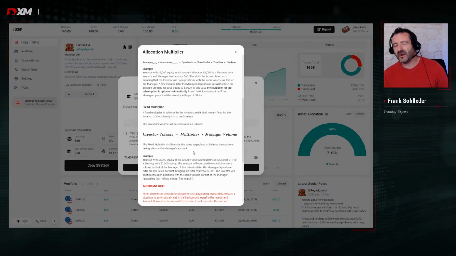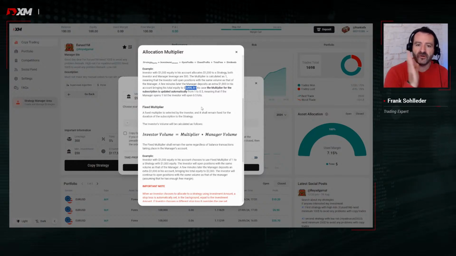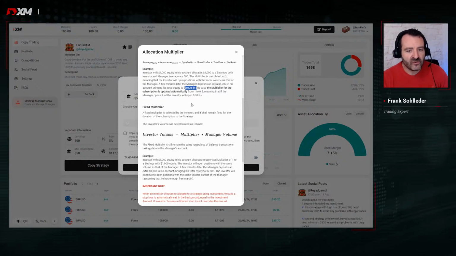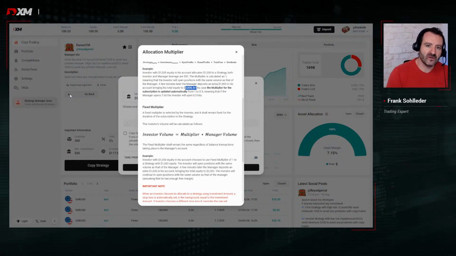Now the thing is, what happens if the trading strategy manager is increasing his amount? For example, he doubles it to 2000 as it is described here in the example. Then the multiplier is going from 1 to 0.5. That means the lot size the strategy manager provides to you is multiplied by 0.5.